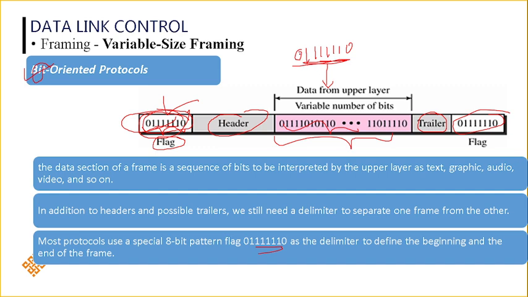So whenever there is a 0 followed by 5 ones, 1, 2, 3, 4, 5, immediately you should add one 0. So that it is treated as original information and printed as payload rather than being taken as a delimiter, the end delimiter.